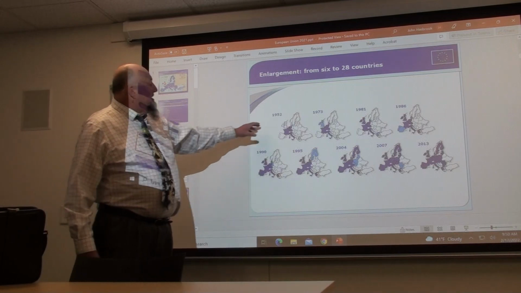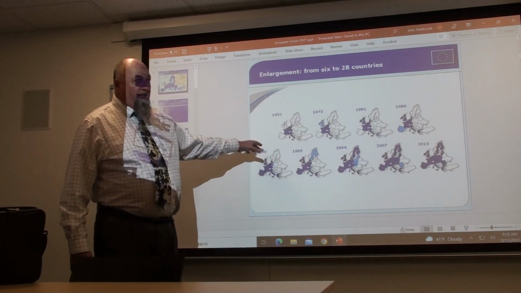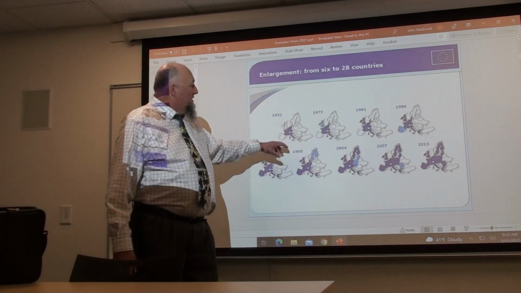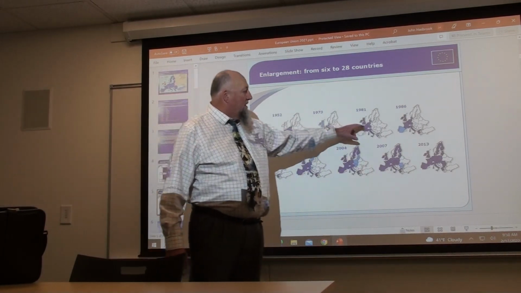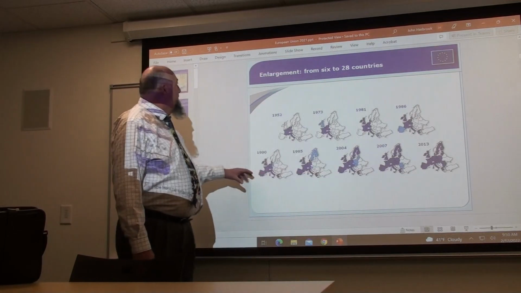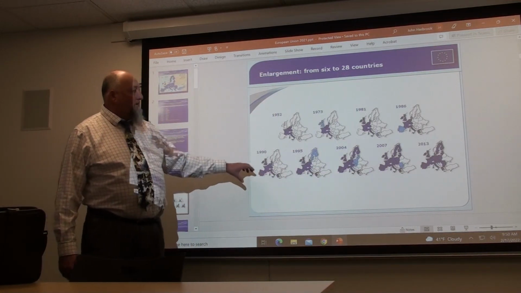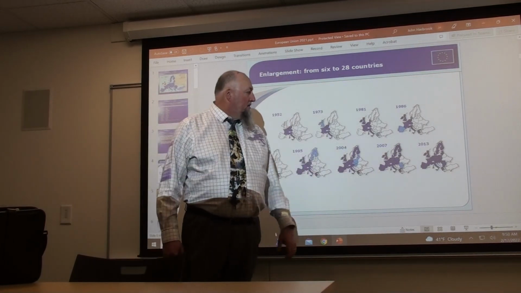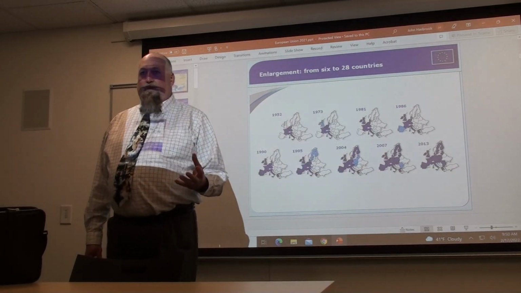So you can see here the treaties in 1952 with the European Steel and Coal Community and the European Community, and then the Common Market, and then the expansion and enlargement of the European Union over time until what we have today with the 27 member states.